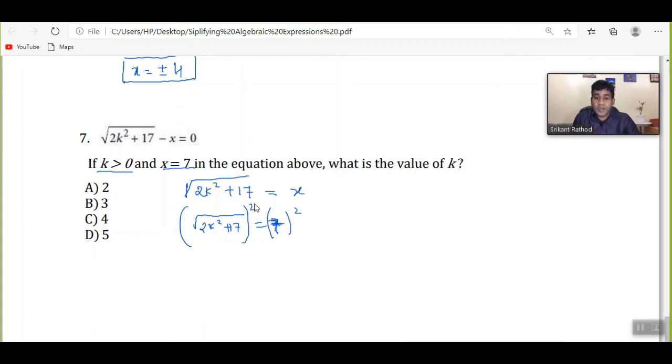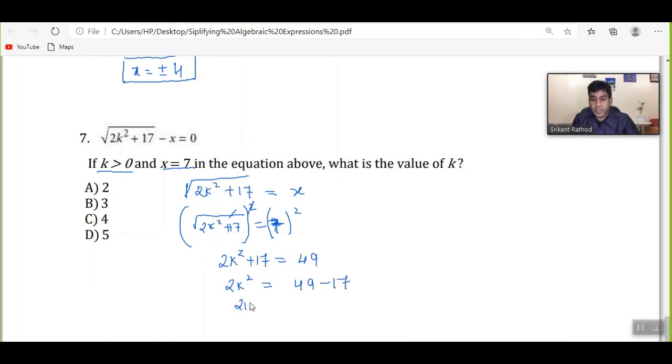Squaring on both sides, the square and the square root cancel out, and you get 2k square plus 17 is equal to 7 square, which is 49. We have to arrange the like terms, so minus 17 from both sides, and it's going to be 49 minus 17.